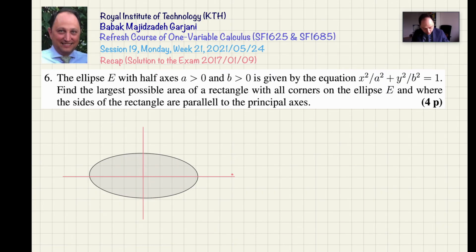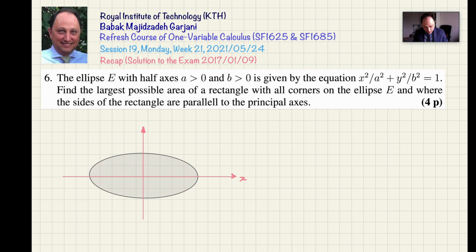Okay, so if I understood the problem correctly, because there are infinitely many rectangles that you can consider whose vertices are on the ellipse and the sides are parallel to these axes. Yes, for example, this is one of those rectangles.